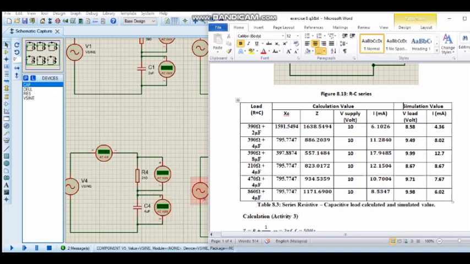So we get the value, and the value for current is from the AC voltmeter. Okay, so just put the values into the table.